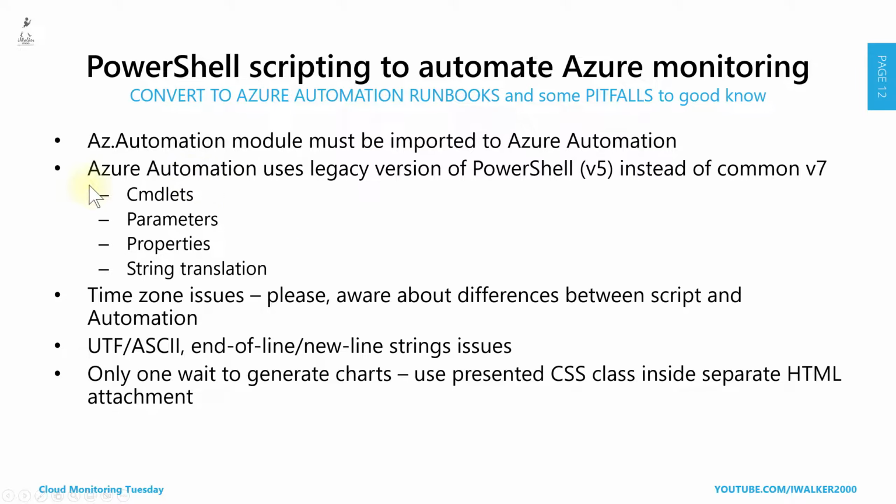It's really important to understand that Azure Automation works with legacy version 5, then version 7. Version 7 is still in preview, and if your organizational policy does not accept previews, you have to look at version 5, and there will be a lot of different options, like cmdlets could be different, parameters could be different, properties could be different, string translation could be different.